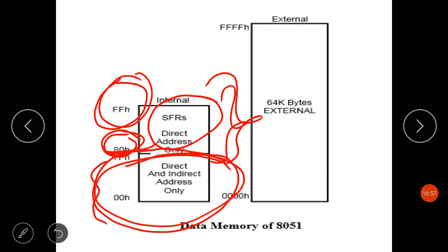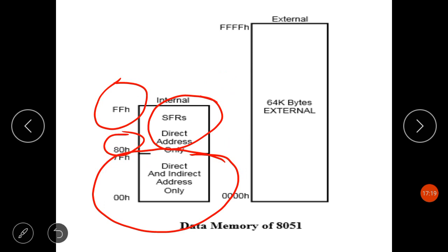The unused locations of 80H to FFH are reserved and must not be used. Some of the special function registers are the program status word, accumulator, interrupt enable, and input output port registers. I'll be discussing all these registers in detail when I discuss the architecture part of the 8051 microcontroller.